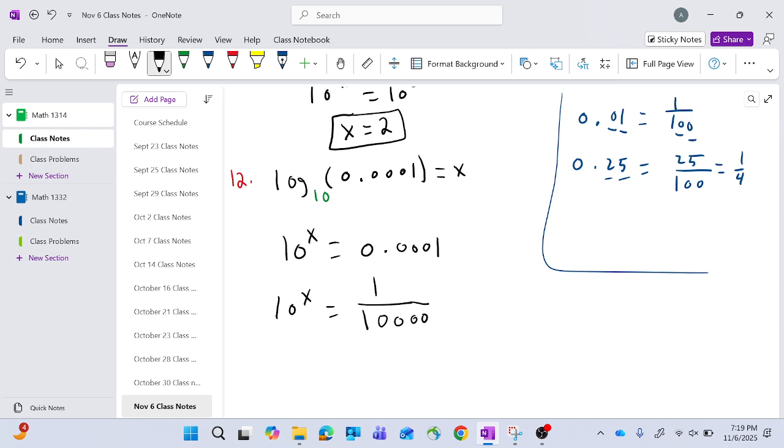Make sense? And then from here, well, 1 over 10,000 is 10 to the fourth, right? We have 4 zeros, so 10 to the fourth.